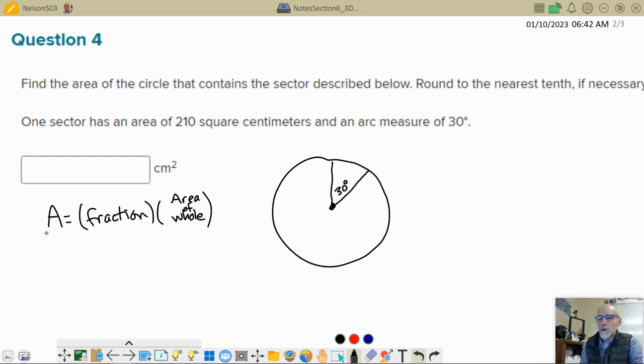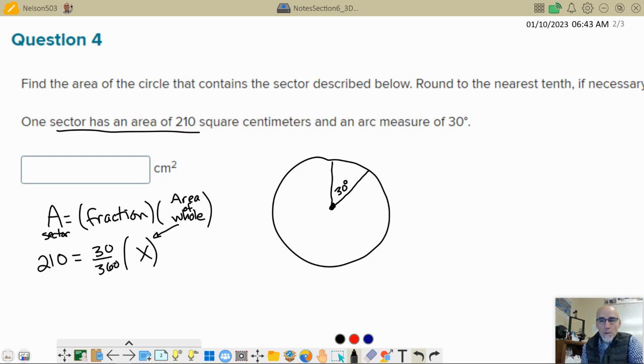The area of the sector is equal to the fraction of the circle we care about times the area of the whole. The sector is 210, so I'm going to put 210 on the left side. The fraction is 30 out of 360, and the area is what we're looking for. I'm going to call that x. We often like a nice simple variable like this.